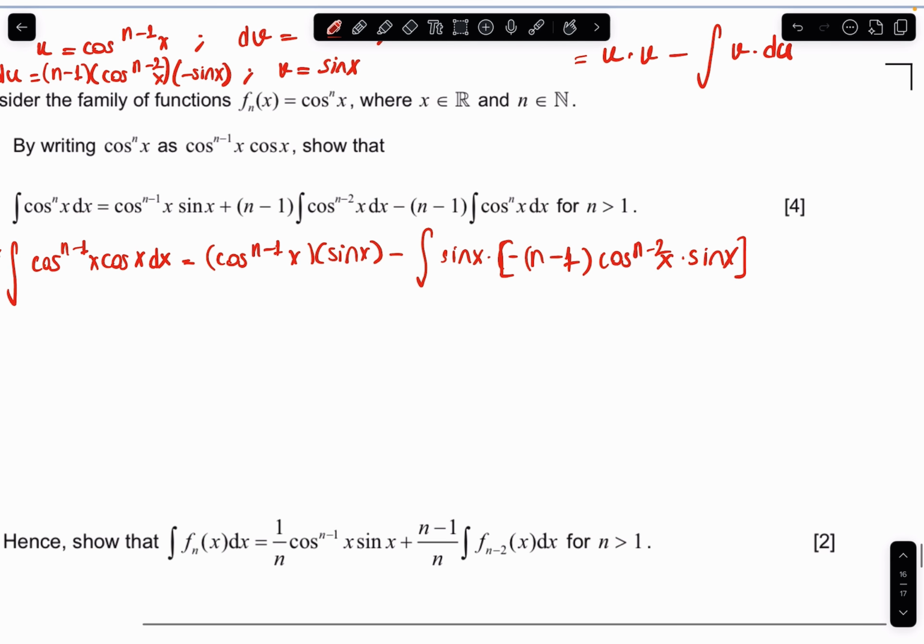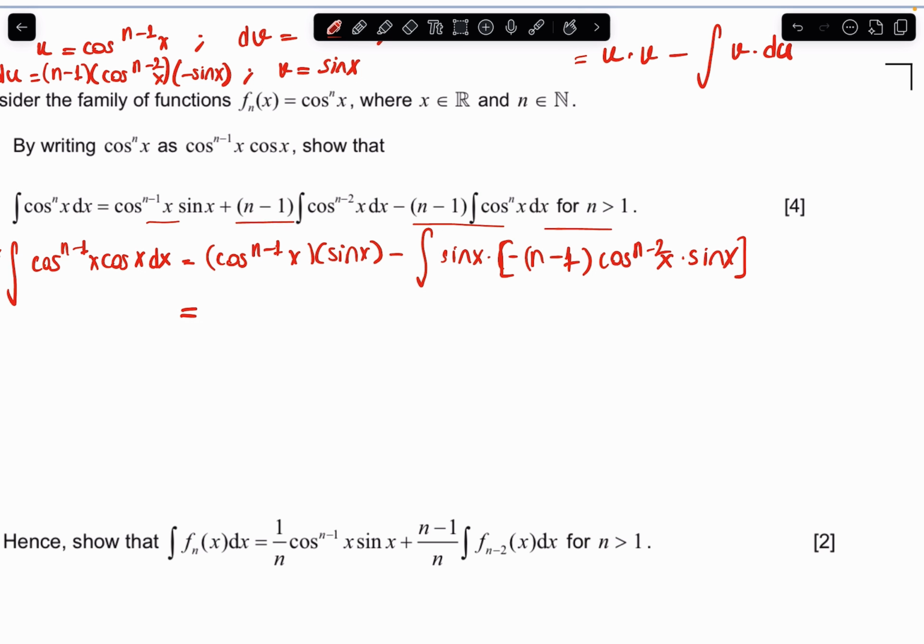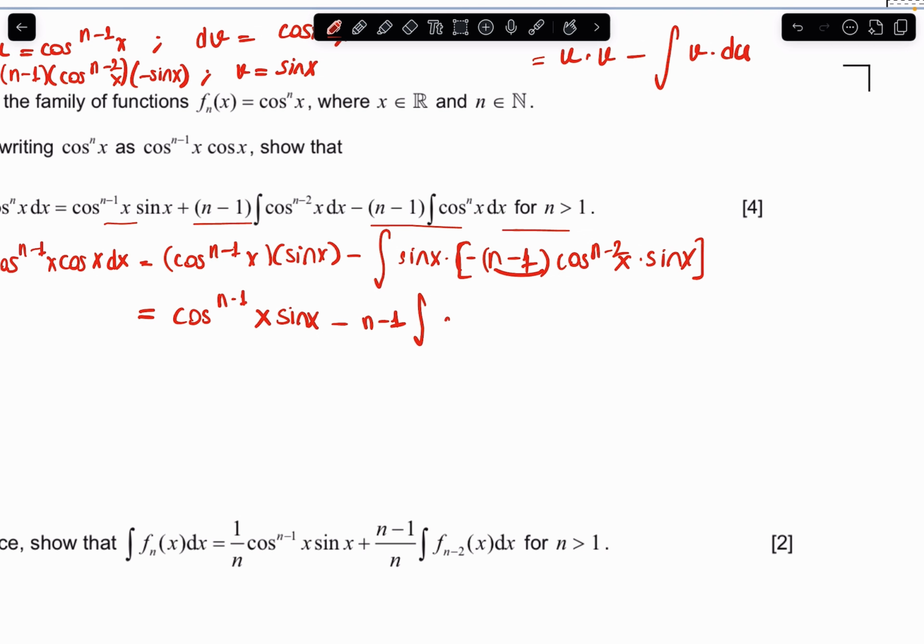So let's clear this up a little bit. Again, this part is already done, cosine^(n minus 1) x sine x, and then I can take this constant out of the integral, and the rest of the integral is going to look like cosine^(n minus 2) x times sine squared x dx.